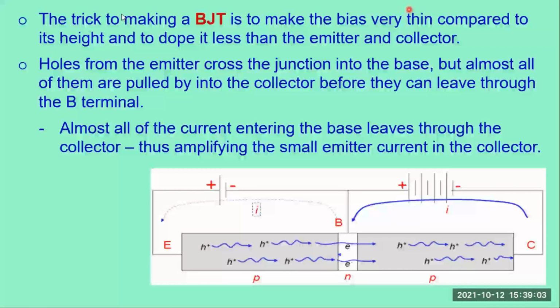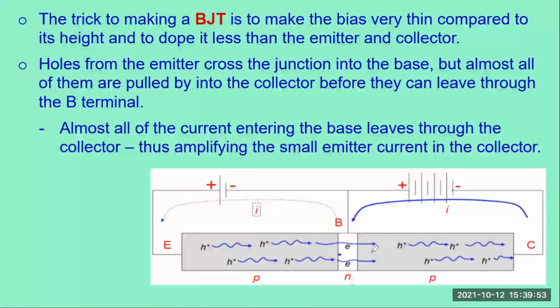So what happens is that when we apply a small voltage across the emitter side and the larger reverse bias voltage across the collector side, due to the very thin nature of the base, the holes from the emitter, remember that we have these holes moving from E to B, actually continue their movement across the very thin base.